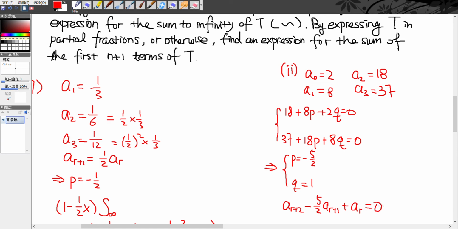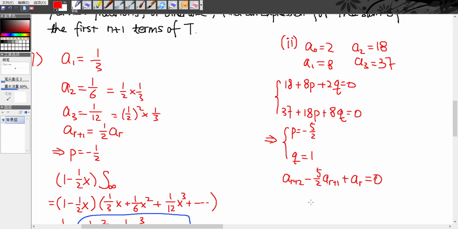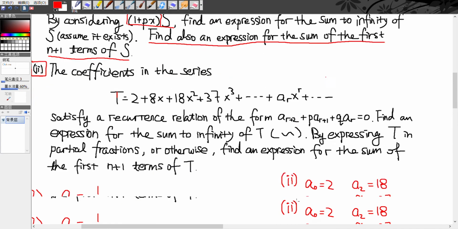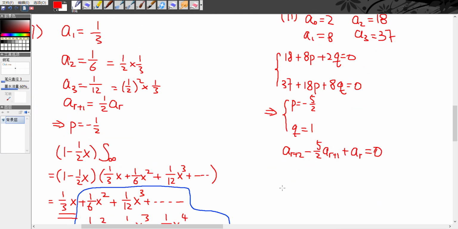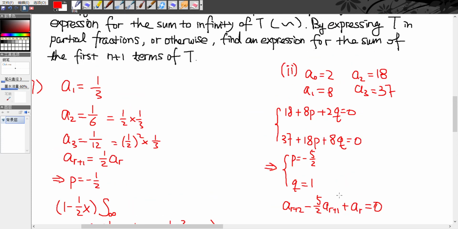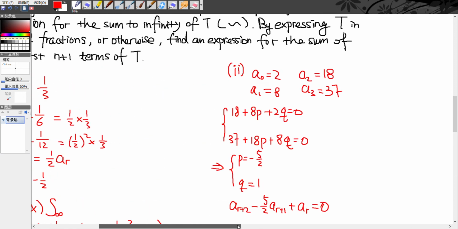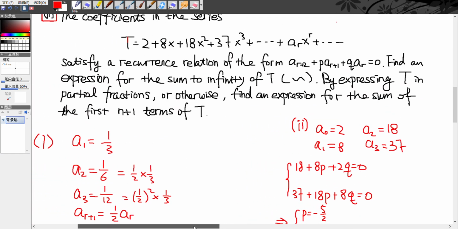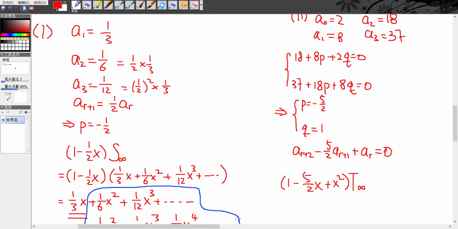So this is our recurrence relation, and so now the term that we want to consider is just 1 minus 5/2 x plus x squared times t infinity. So I believe by considering this term, we can have some juicy results that we would like to see.